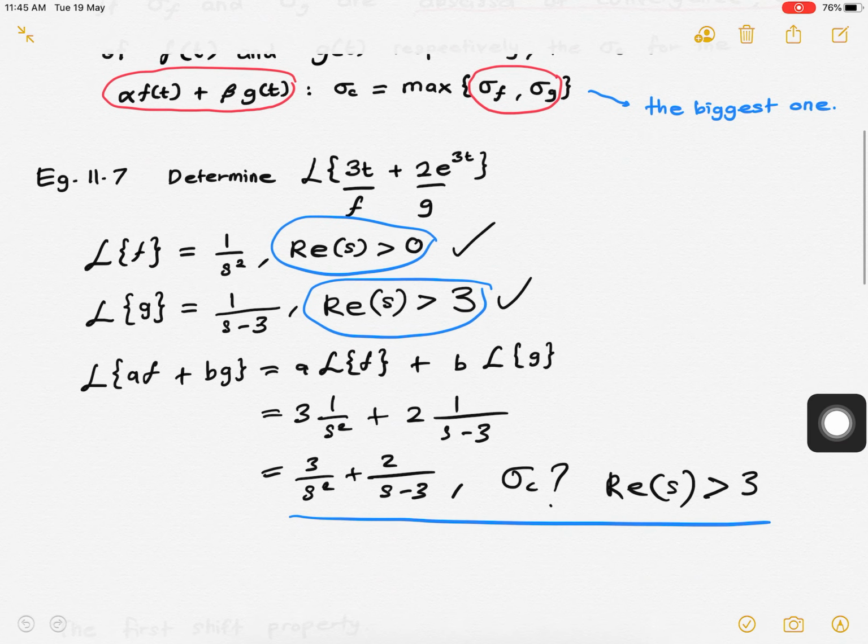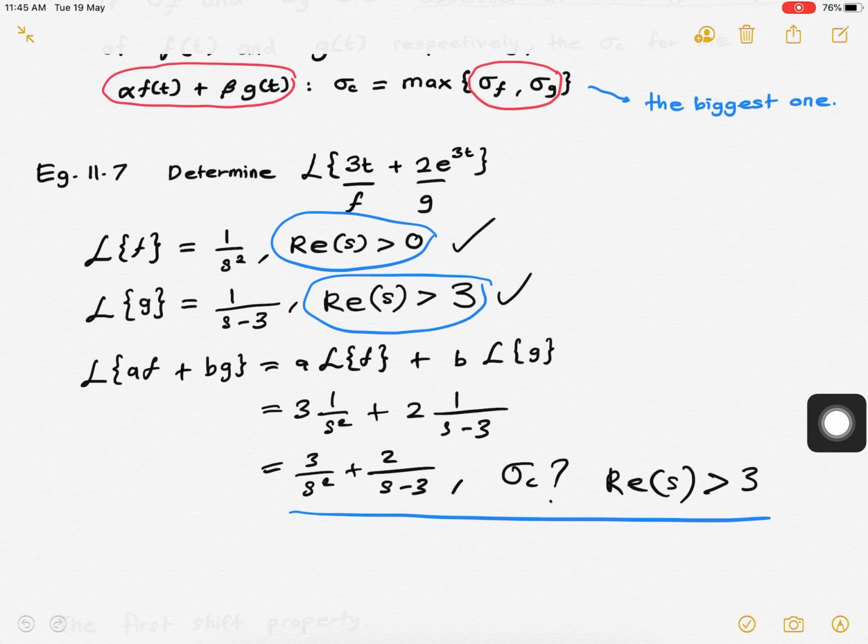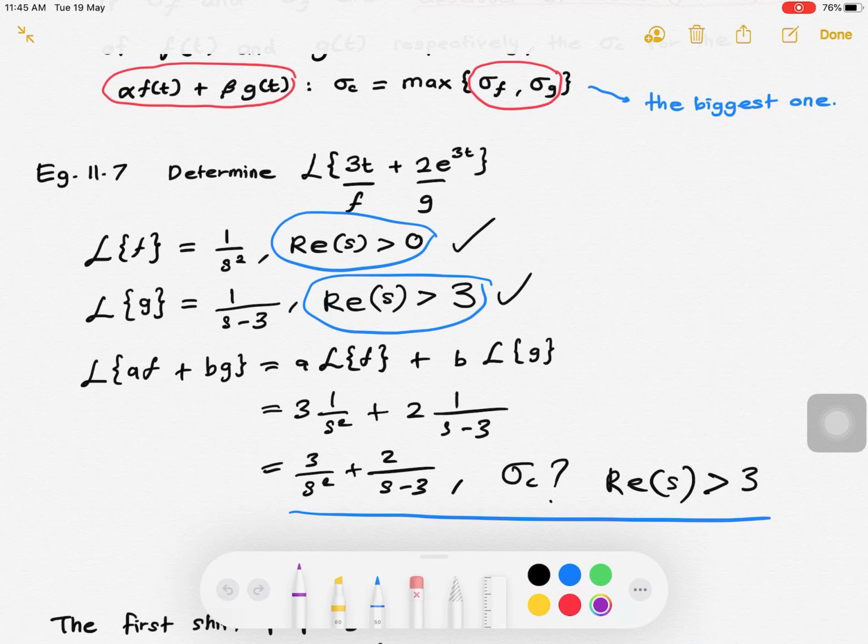Alright, so we go straight to example 11.7. Now we have a quite complex equation. Actually this one is not a fraction.